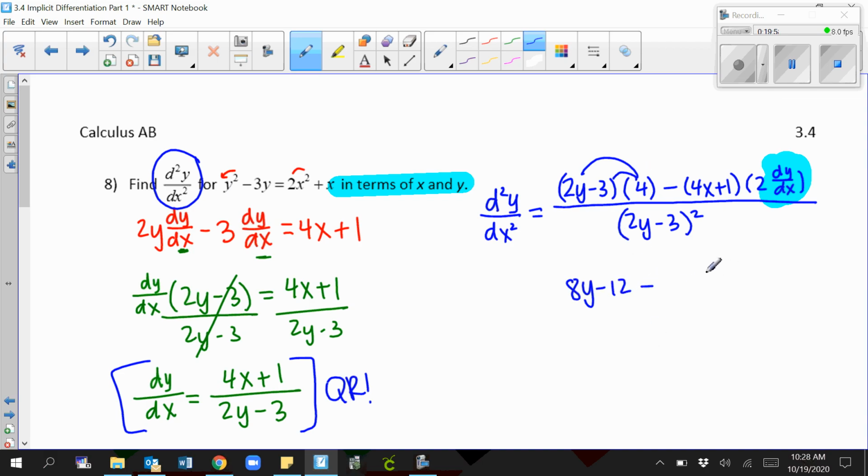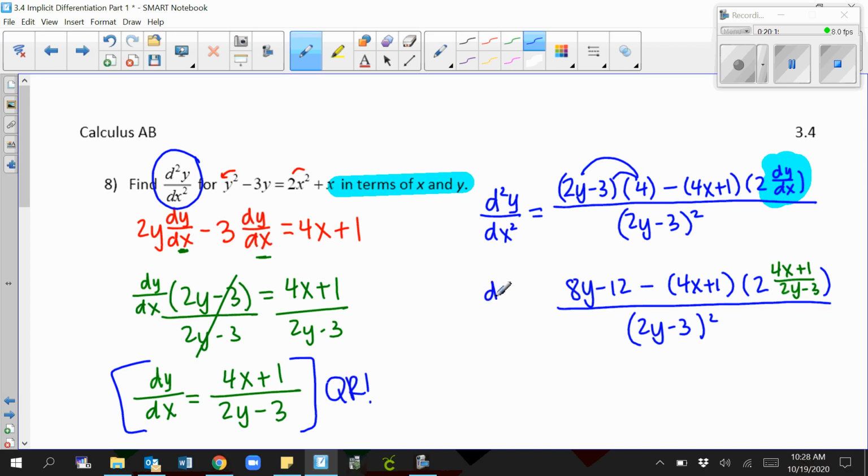And then it's going to be minus a 4x plus 1 times 2, and I'm going to plug in my dy dx, which is 4x plus 1 over 2y minus 3. And that's all over my 2y minus 3 squared. So d squared y over dx squared, our second derivative.